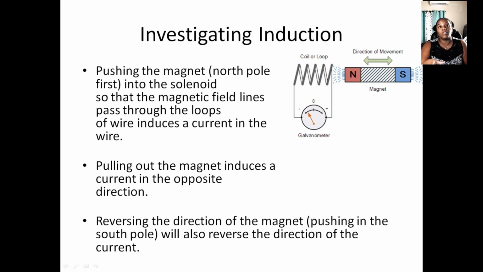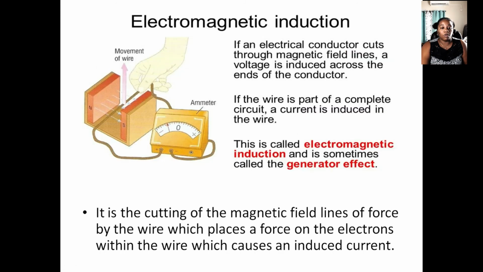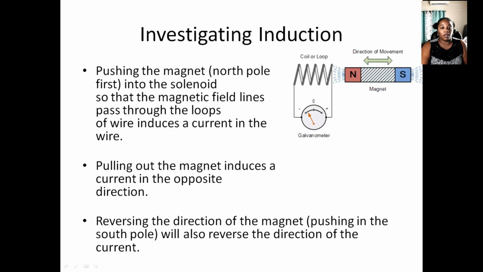So this is us investigating induction. Okay, so now we have a wire. So remember before we had the wire cutting the field lines. So now we're going to have a magnet passing through the wire and the field lines being cut, right? So pulling out the magnet induces a current in the opposite direction.